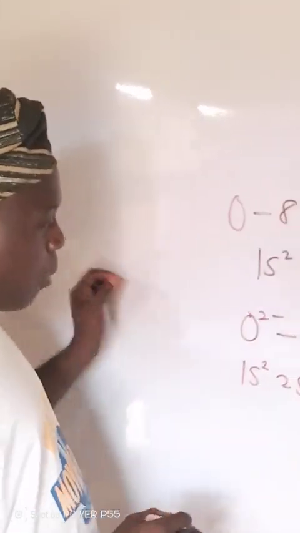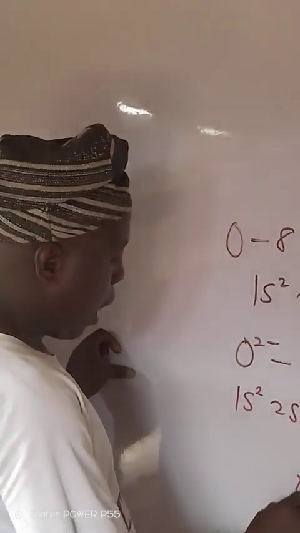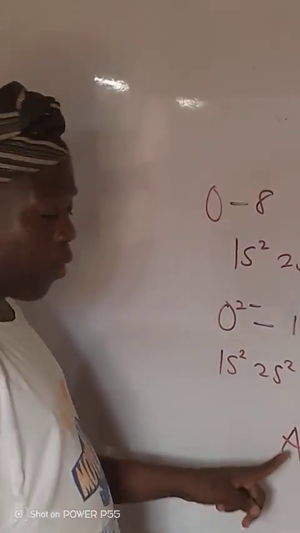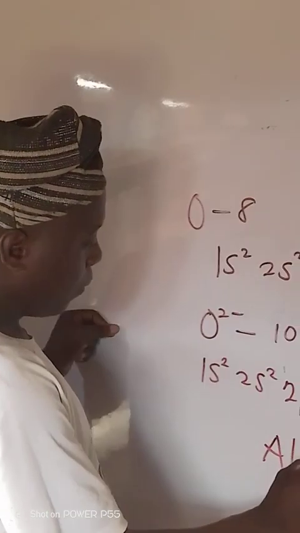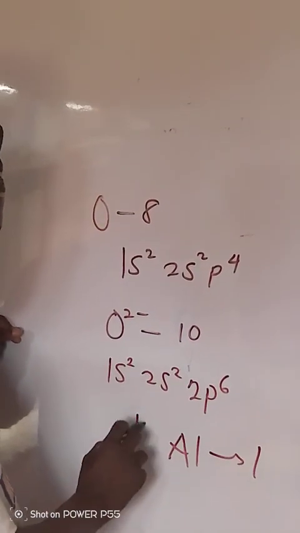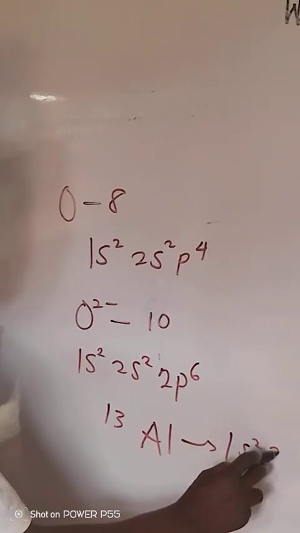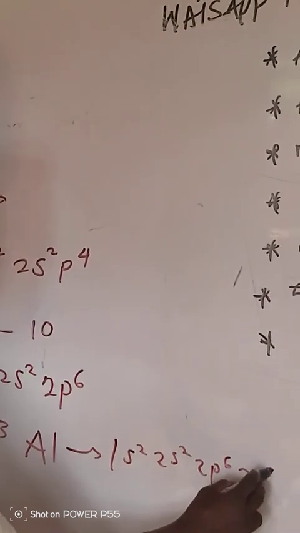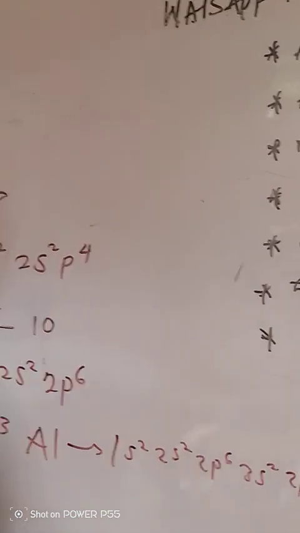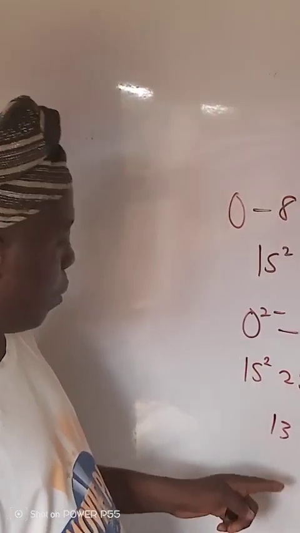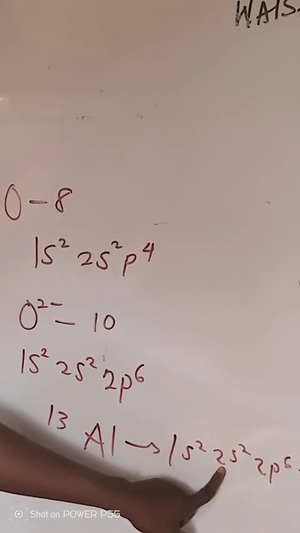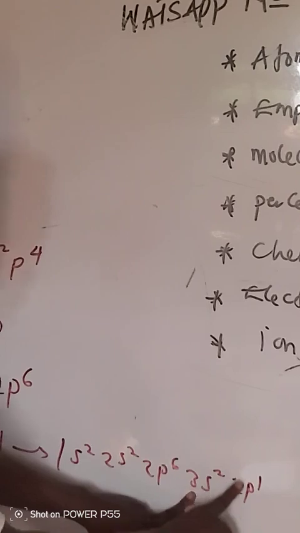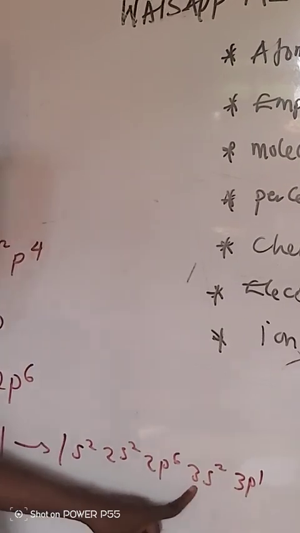Let me give you one more example. Aluminium 3+. Hey, let's write the electronic configuration for the aluminium atom first. Aluminium atom, atomic number is 13. 1s2, 2s2, 2p6, 3s2, 3p1.